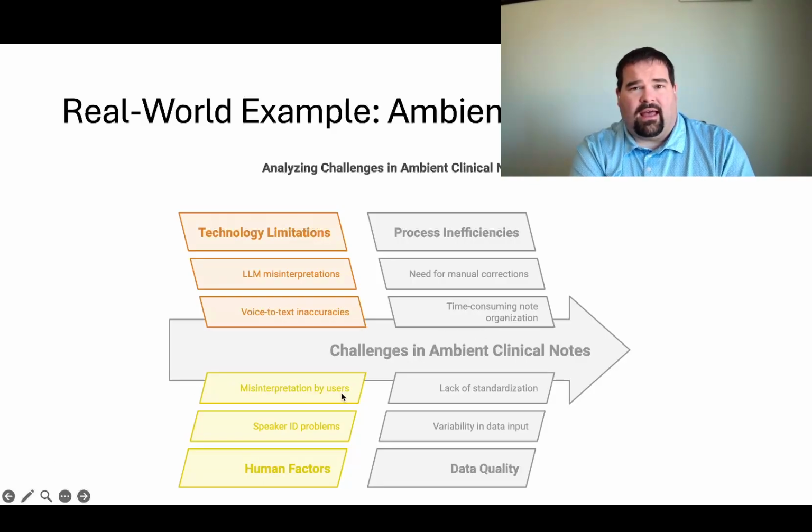Some of the things that I'd like you to think about from a large language model perspective, which is taking that voice to text and then converting it, is there's a lack of standardization in the prompt engineering that's going on. Even when people are testing multiple different systems, they aren't leveraging the exact same prompt in all of those systems.